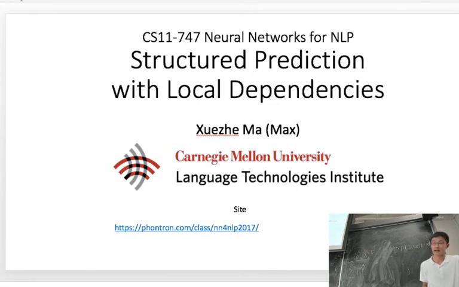One thing I need to mention is that one advantage of RAML over MRT is that for RAML you only need to sample from a fixed distribution. This small q distribution is fixed, so it does not depend on your model, which makes the sampling much easier. If you use MRT, for the current model you have to sample from this model, compute the current loss and do the update.